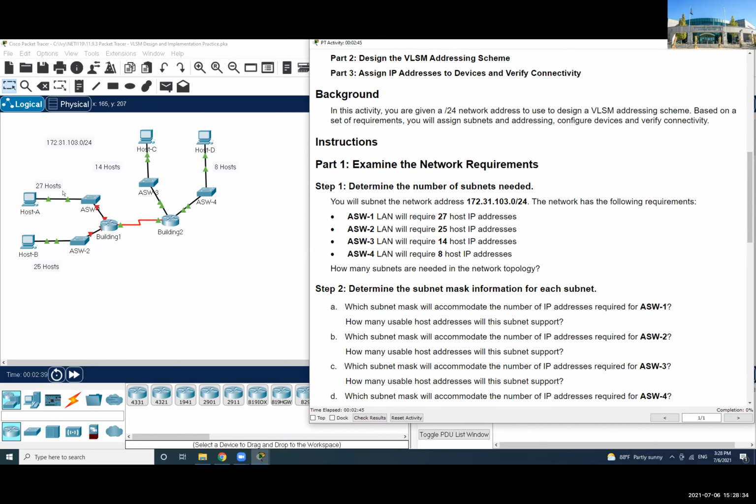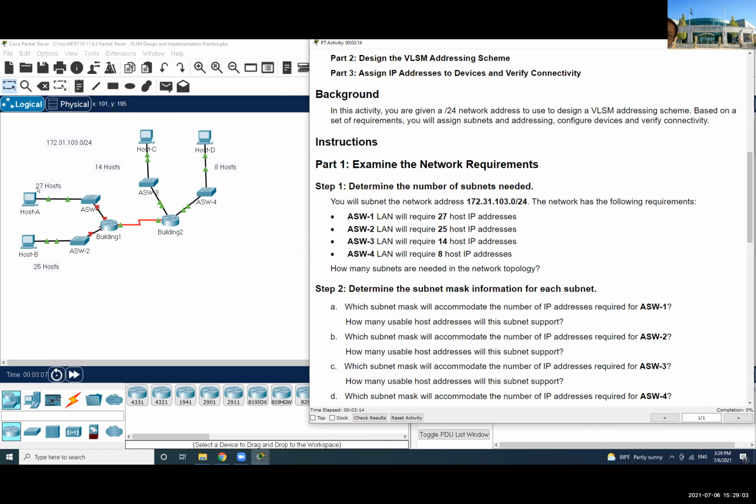Which subnet accommodates the number of IP addresses in ASW1? How many bits in the host portion do you need in order to support a network of 27 hosts here?